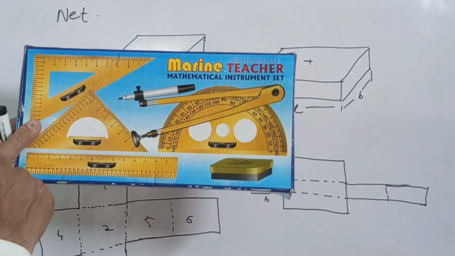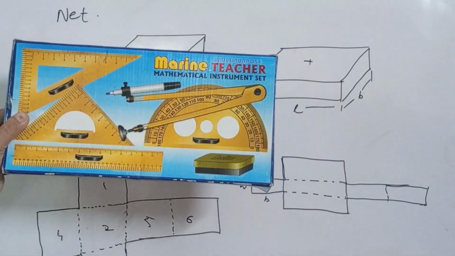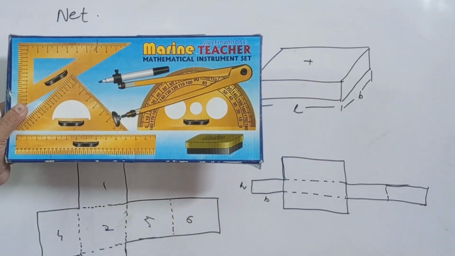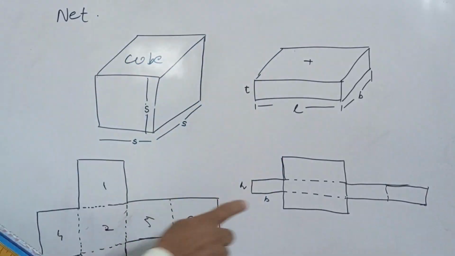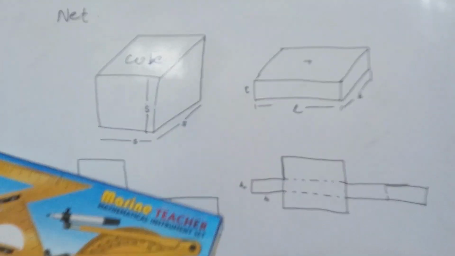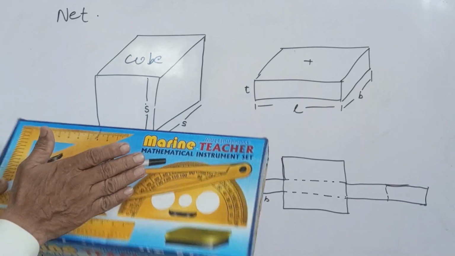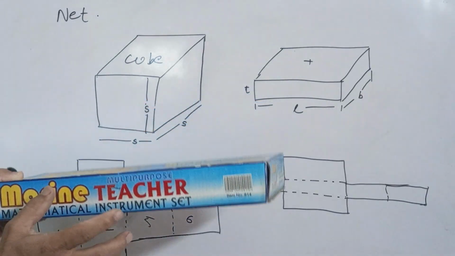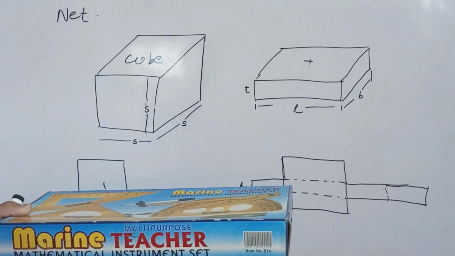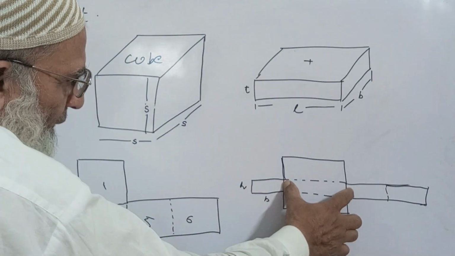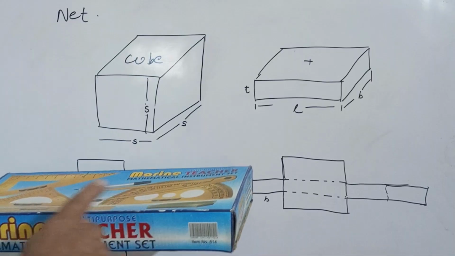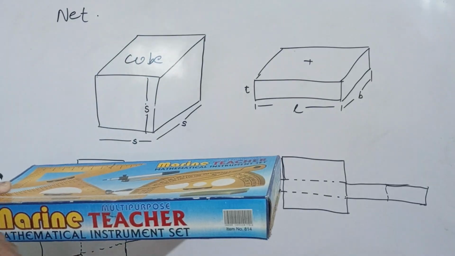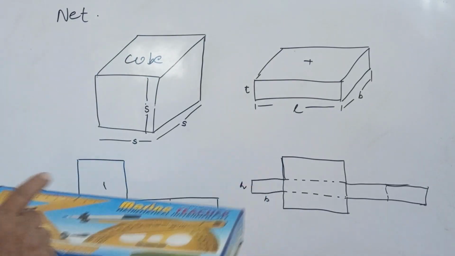I have purchased this to draw figures for you. So this is one large rectangular face. Now, what I told you, one large rectangular face, one small rectangular face. Mind that this height will remain the same and the length will remain the same in this case.